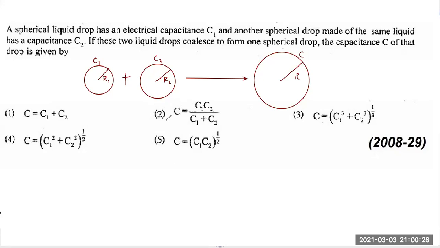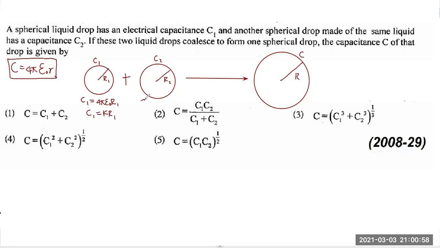Capacitance, not anything else. So let's write the equation for capacitance. What is the common equation for capacitance of a sphere? C equals 4 pi epsilon naught R. So C1 can be written as 4 pi epsilon naught R1. Instead of 4 pi epsilon naught, I'll use K. So C1 is equal to K R1.